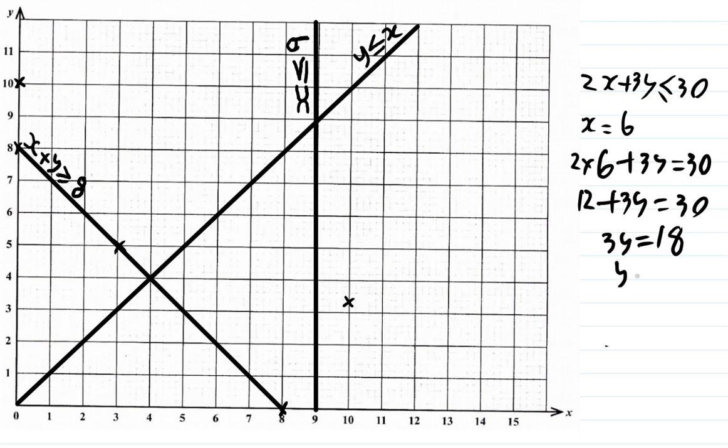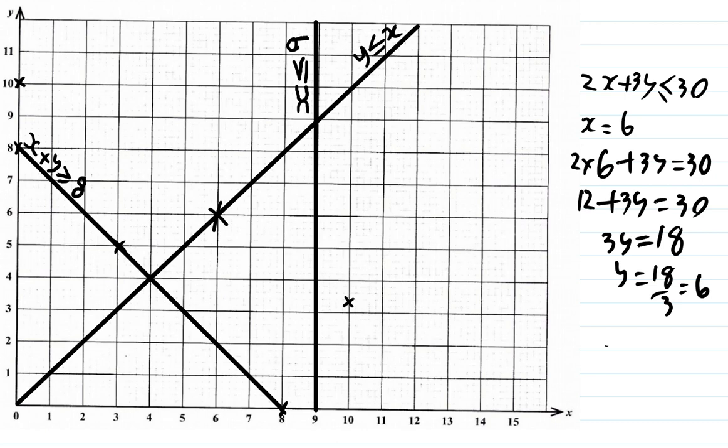So y equals 18 over 3. Nice. It's 6. So x is 6, y is 6. We're plotting right there, 6, 6, right here. Alright?